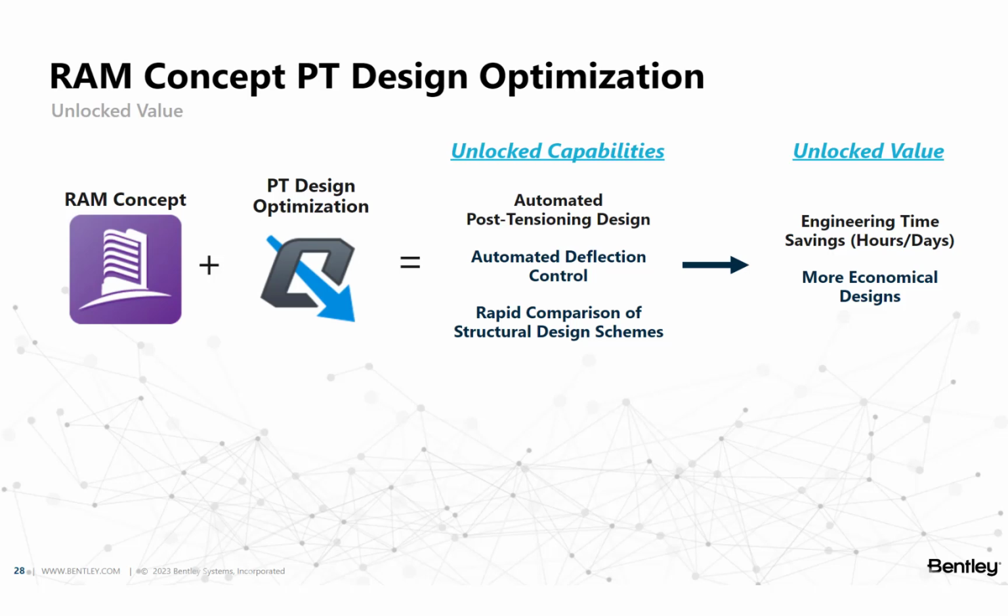Our studies have shown that you can expect around 15% reinforcement reductions for typical floors and maybe even higher for complex floors. And if you are designing with codes other than ACI 318, those typically aren't bounded by a minimum pre-compression limit, and those material gains are even higher for those codes.